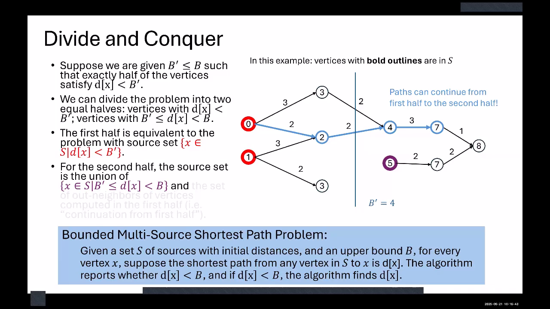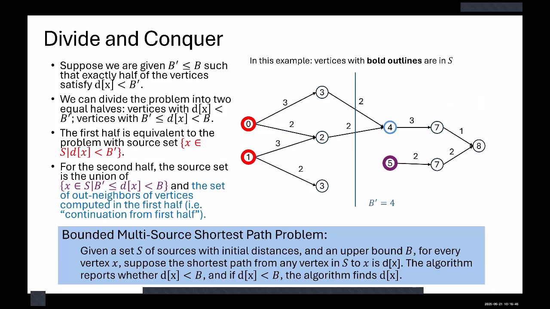So to compute the second half, the source set also has to contain all the neighbors of the vertices computed in the first half. In this case, you have to include the blue vertex. So you call the second subproblem starting from both the purple vertex and the blue vertex. And this way we can solve the second subproblem as well.